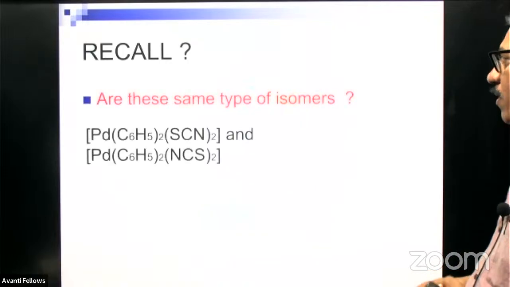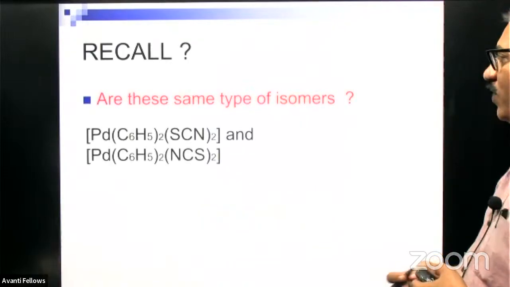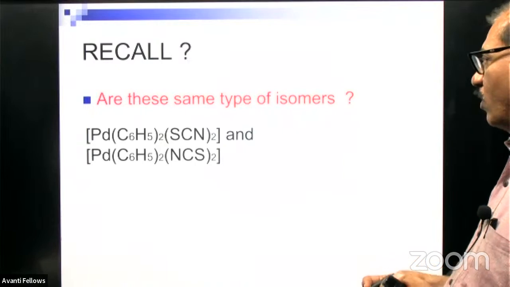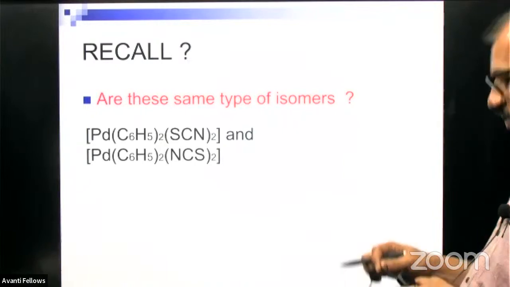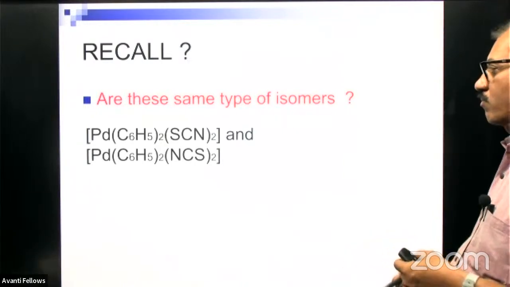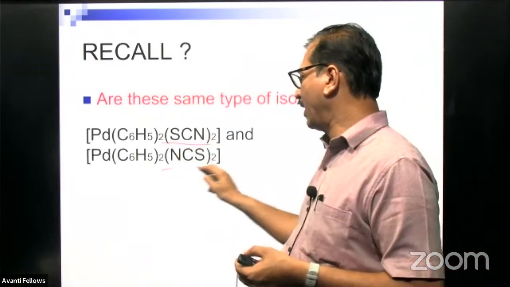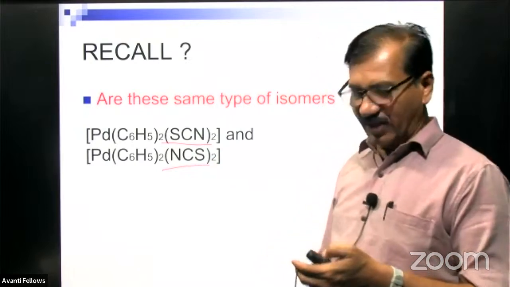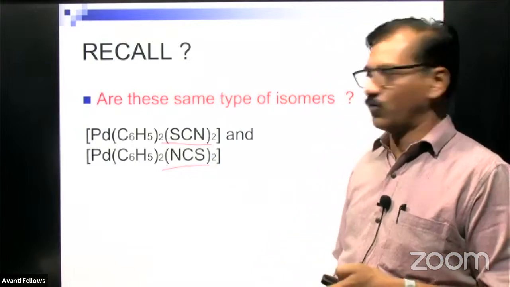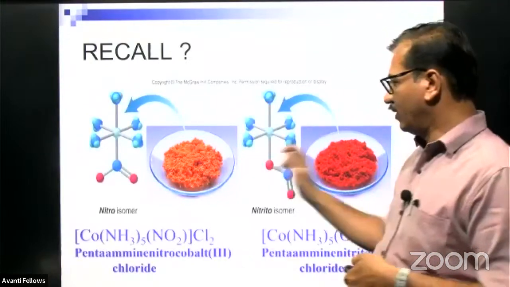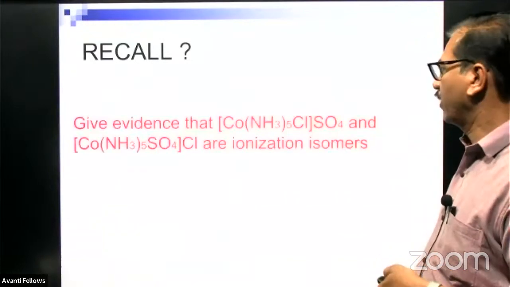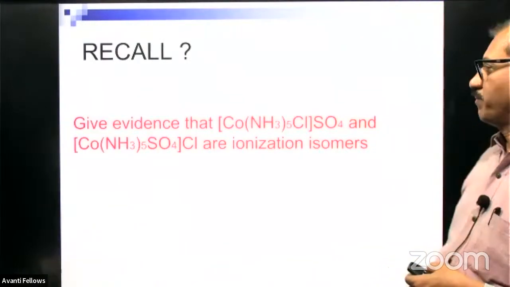Are these the same type of isomers? Are they linkage isomers? Yes, it is also true. Ambidentate ligands are there, SCN and NCS. That's the point to see. Again, these are also different colored.